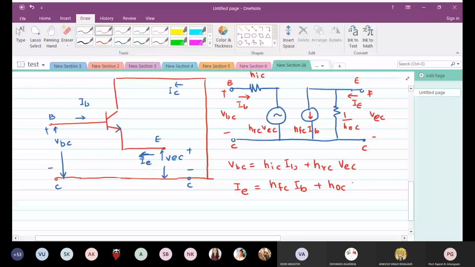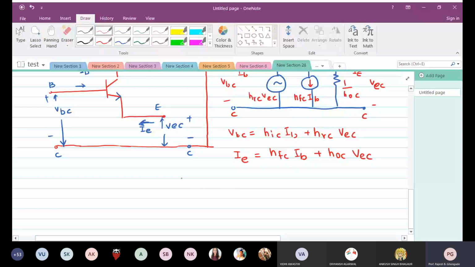Again, you can find out the values of HIC, HRC, HFC, and HOC, just like what we did in the case of common emitter. Okay?